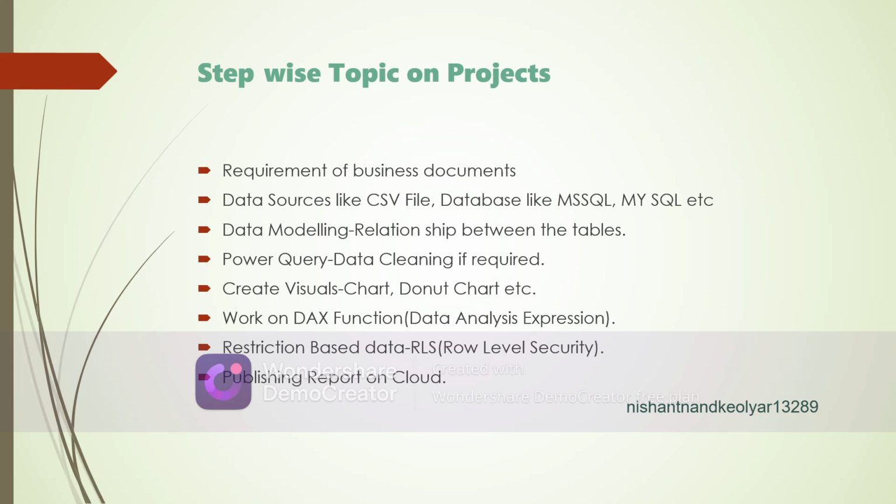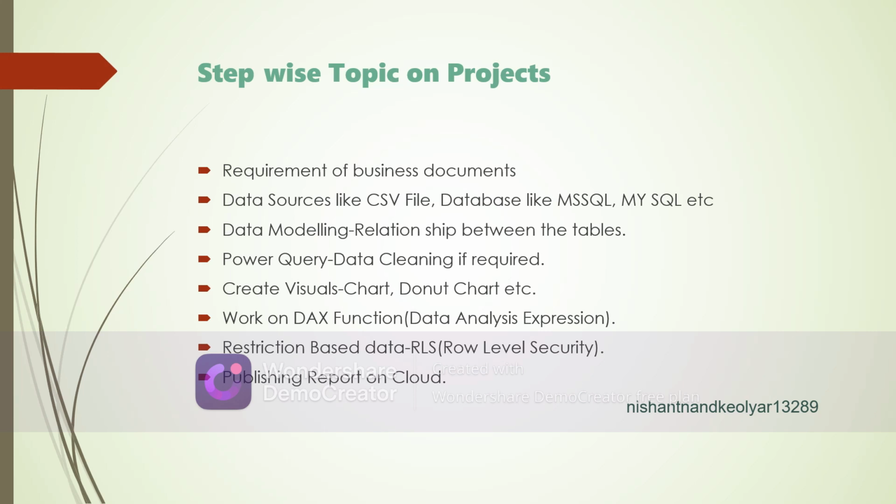The seventh point is publishing the report on the cloud. If all the reports are created, all the transformations, all the DAX functions, all the reports are done from our end, then we turn to publishing the reports on the cloud. When we publish the report on the cloud, we need to log in with our ID, which is our corporate mail ID, with our password.